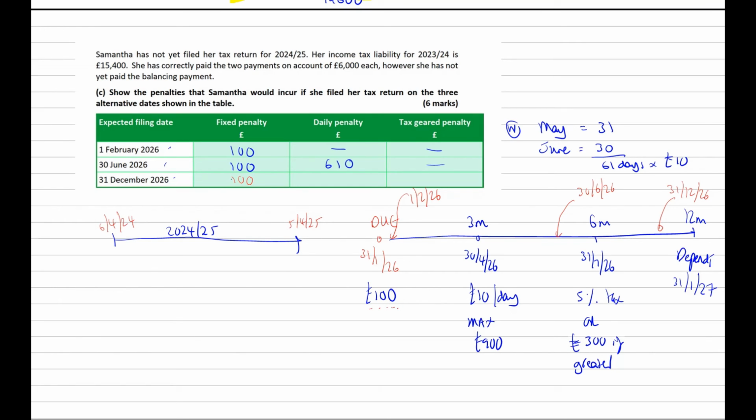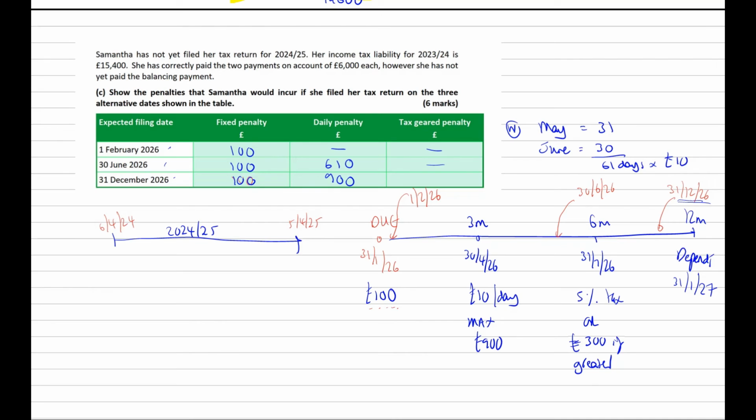I've then triggered the next one, which is £10 per day, maximum of 900. So I trigger that one, and then I keep that one going all the way through until the next penalty. So I'm incurring £10 per day from 30th of April to 31st of July, up to a maximum of 900. And because it was only filed in December over here, then I've got the full 900 to pay. So I'm going to put £900 in there as my daily penalty.